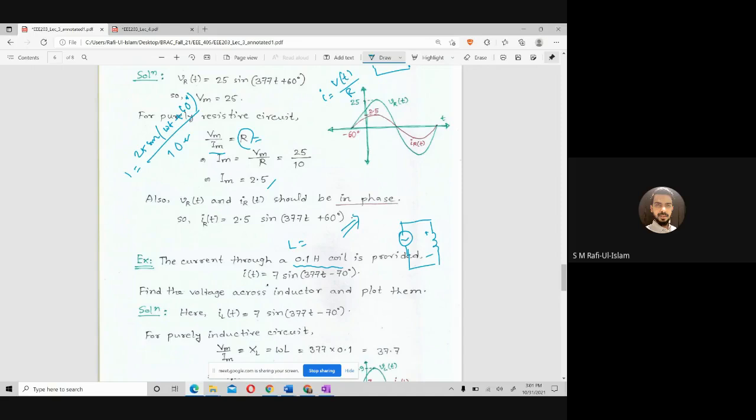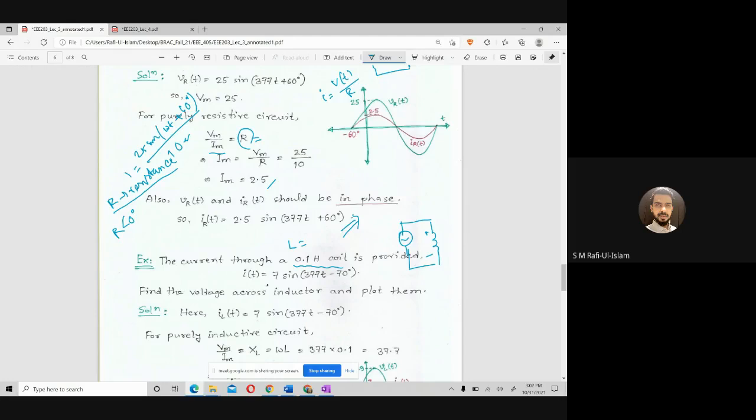The only difference is that impedance can be a complex number, meaning it has a magnitude as well as an angle. For the resistive term, the expression is like this. This R is nothing but the resistance because it's a real number, and it doesn't have any angle.